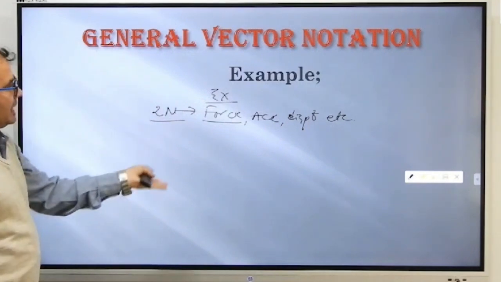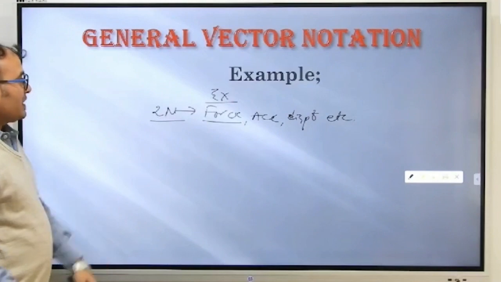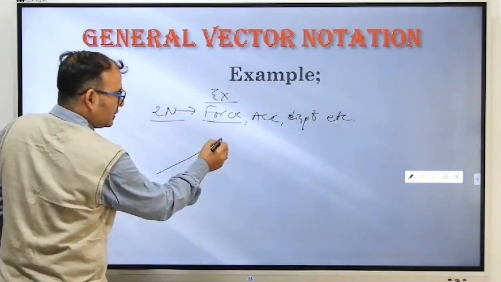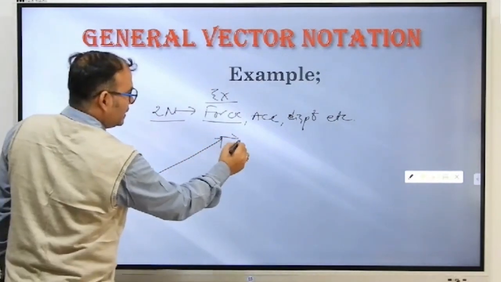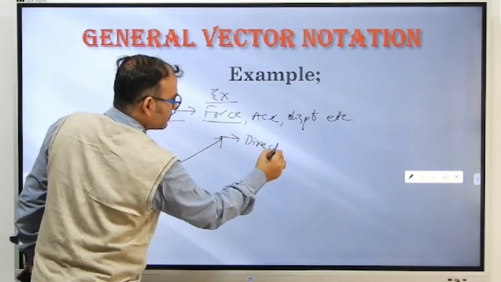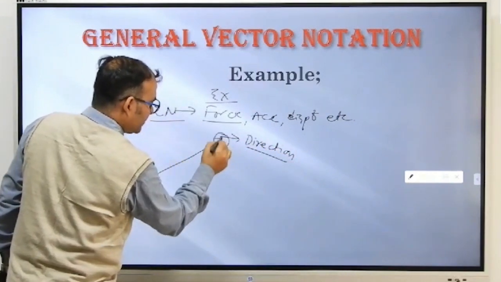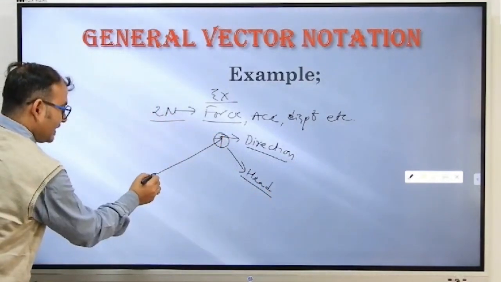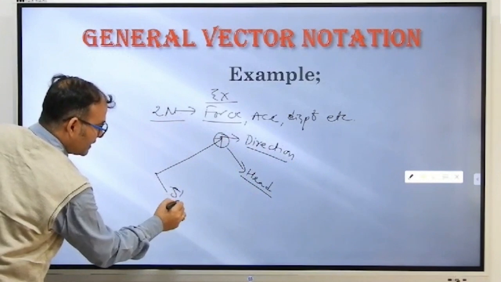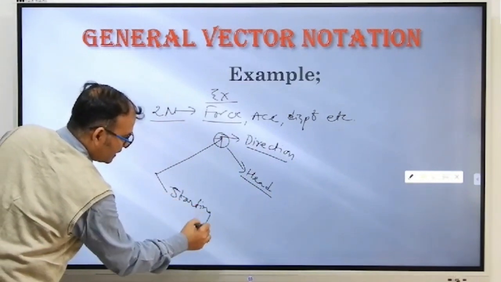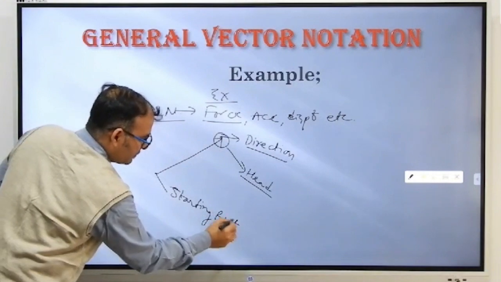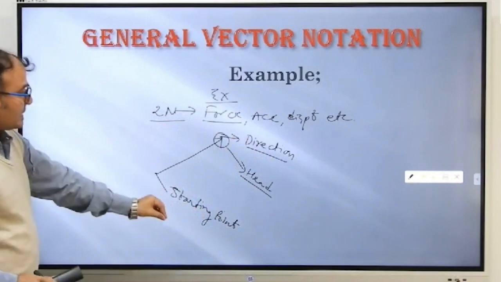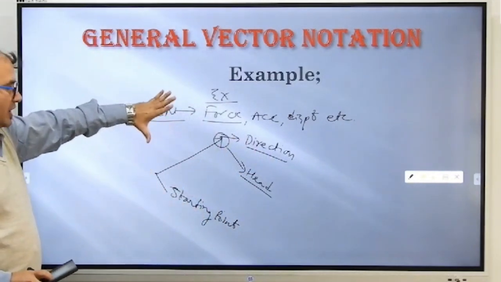So if we want to represent any vector quantity, it is simply represented by an arrow. The head of this arrow will tell you the direction, and the tail will tell you the starting point of that particular physical quantity.